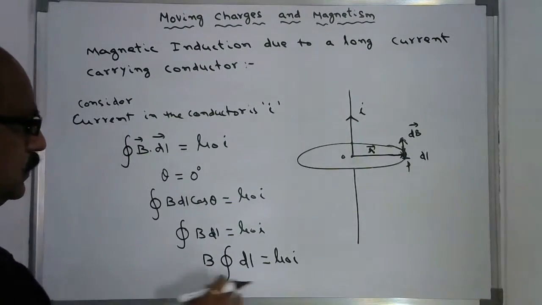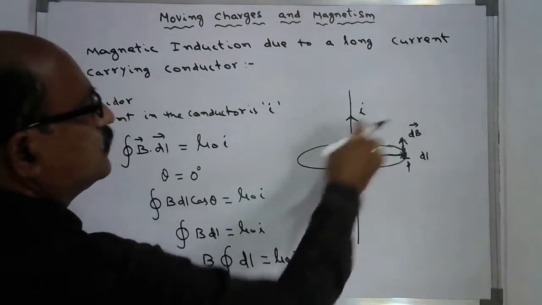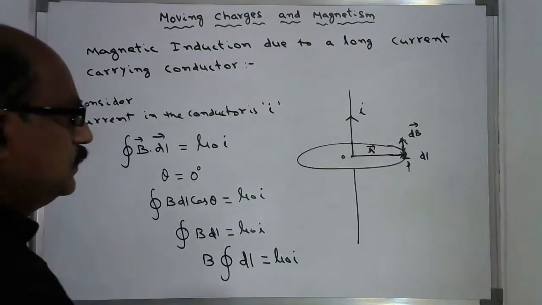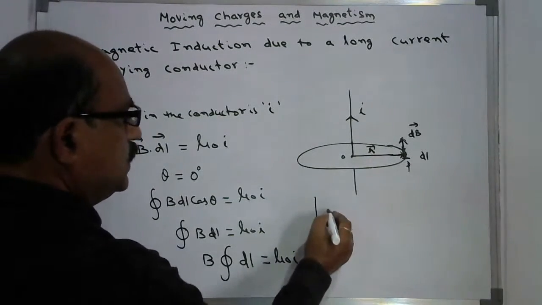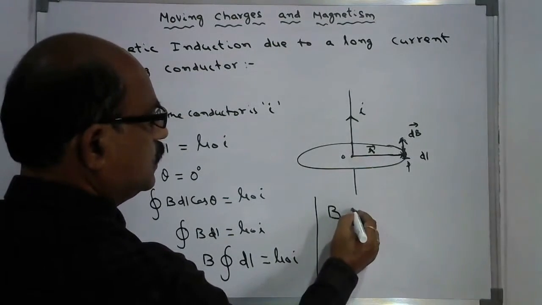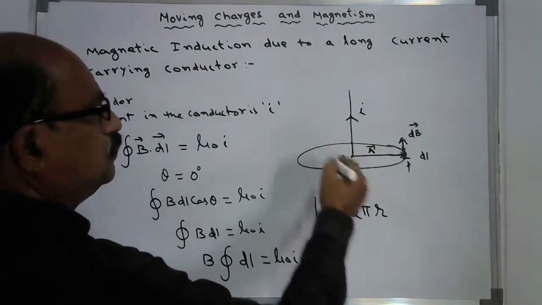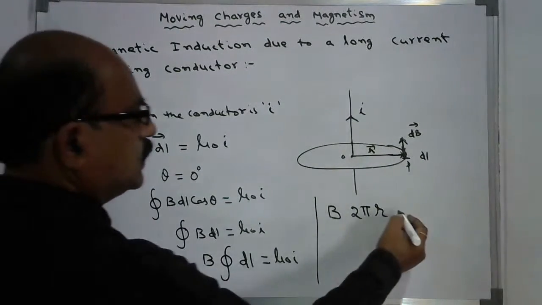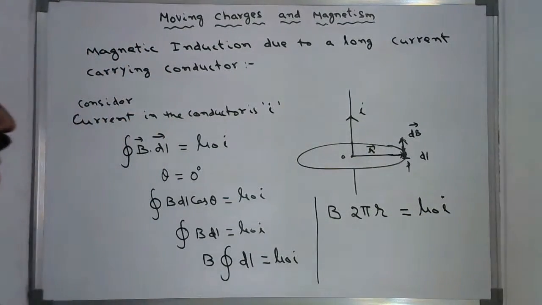But this closed integral dl, such small elements lie on the circumference of the circle of radius r. Then what happens now? Instead of closed integral dl, you can write the circumference of the circular path of radius r, equal to mu naught times the current in the conductor.